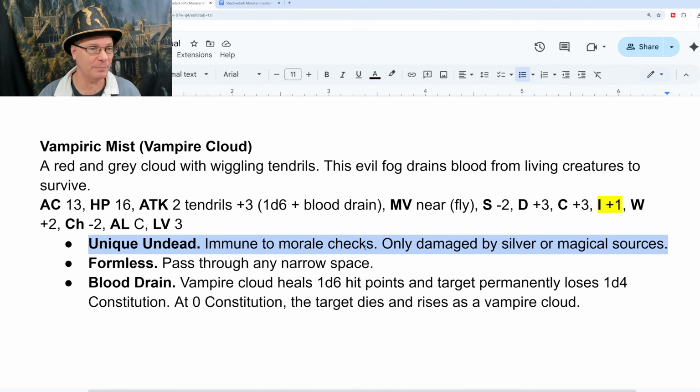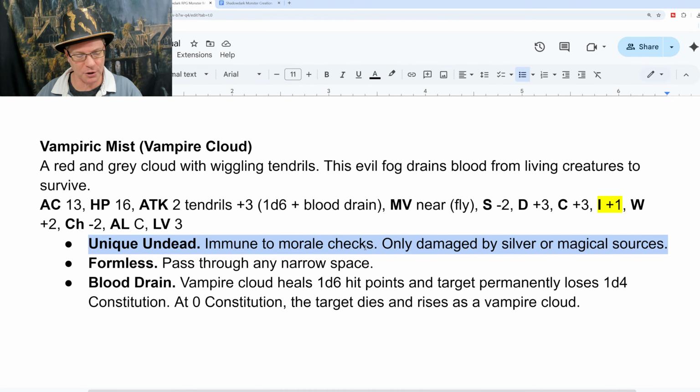It is a lower level vampiric creature, but I also had the level 5 Vampiric Spawn from Shadowdark, and it has greater undead, and it says here immune to morale checks. And so this is like 2 levels lower than that. But my general feeling was there was a theme coming along that I felt like it's a Vampiric Mist, it's probably not going to run. Vampire Spawn don't run, the vampires don't run, you're not going to scare them off. You're going to have to deal with them.